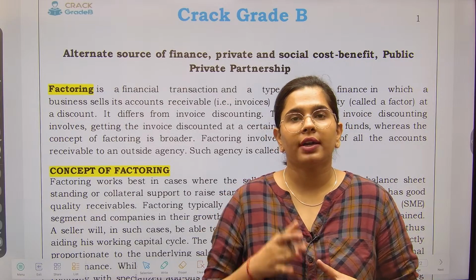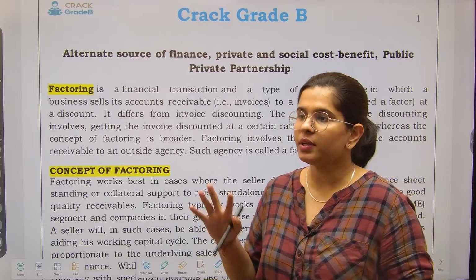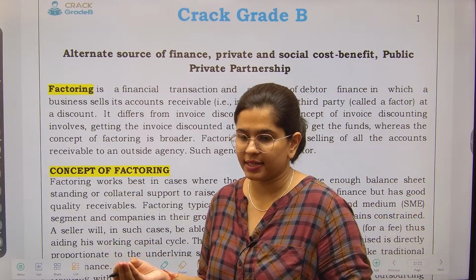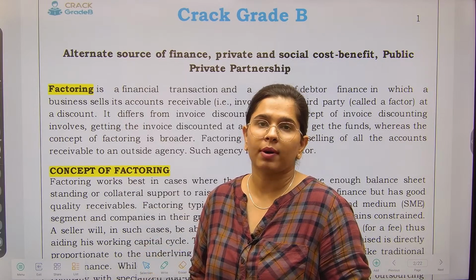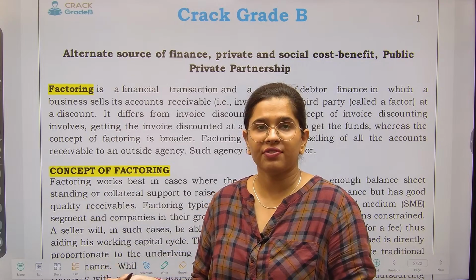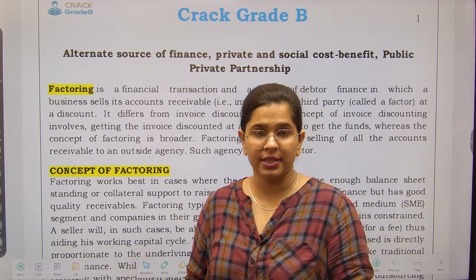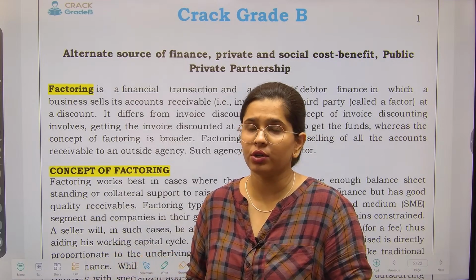When we talk about alternate sources of finance, it means apart from the traditional sources of financing. We have talked about the primary market and the secondary market. If someone wants funds, they can issue shares, they can issue debentures, all such things can be issued by them. Understood?